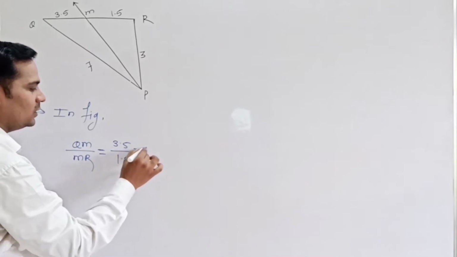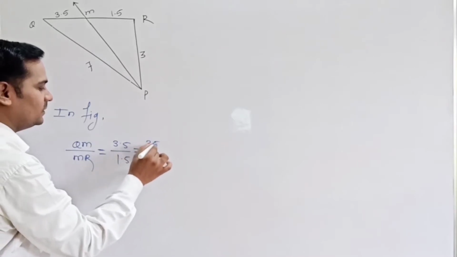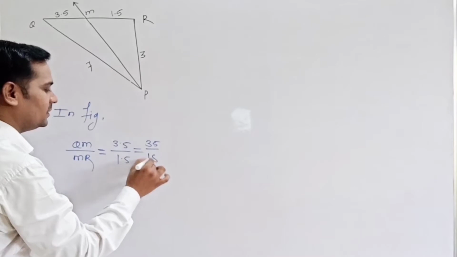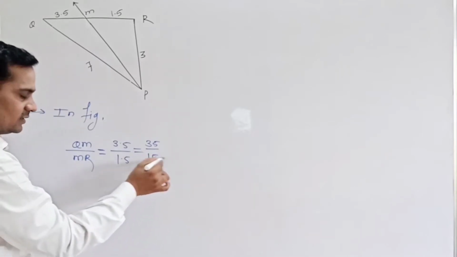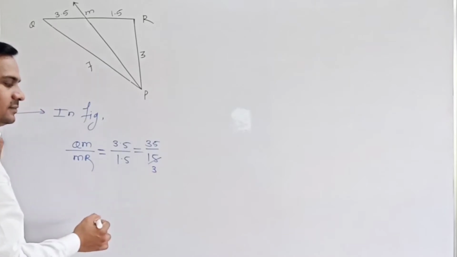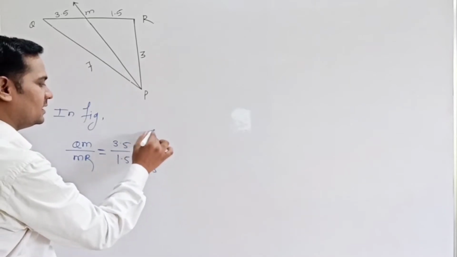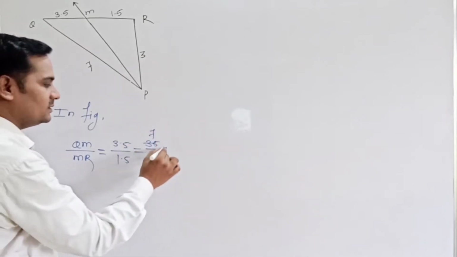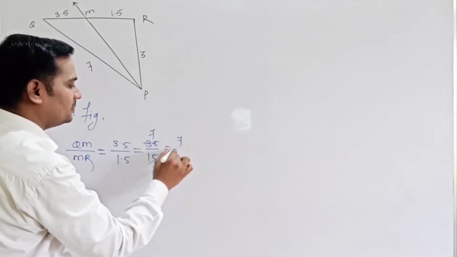So the decimal point will get cancelled and the answer will be 35 upon 15. Let's simplify this one. 5 3s are 15 and 5 7s are 35. That means the answer will be 7 upon 3.